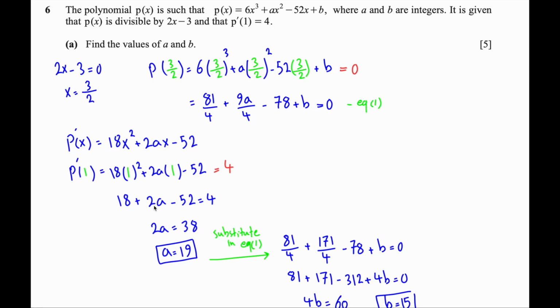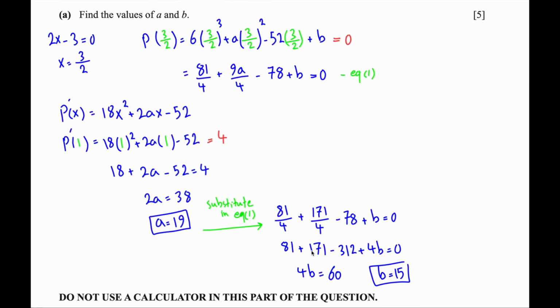And if you do that, you realize we no longer have the constant b, because b was a constant and the derivative of a constant is 0. And then basically I'm going to find the value of a, which is 19. Therefore, I can simply make a substitution by plugging 19 back into equation 1.